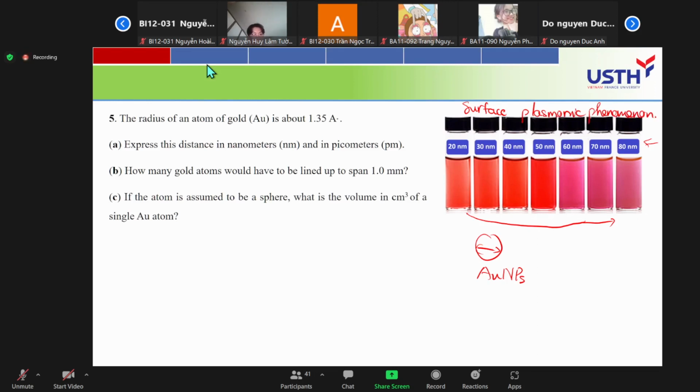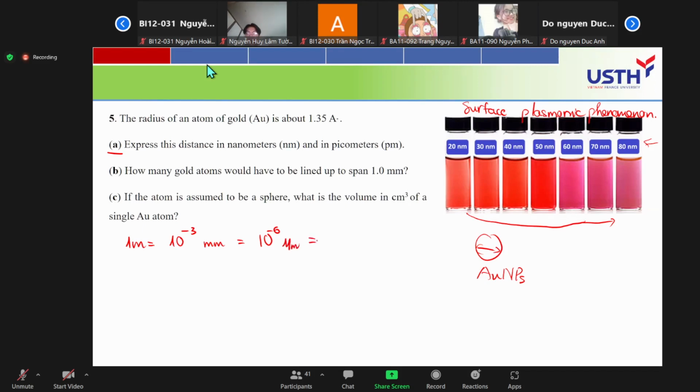Okay, so question A, expressing in nanometers and picometers, is simple, right? 1 meter equals 10 to the power of minus 3 for millimeter, 10 to the power of minus 6 for micrometer, guys, do you still remember?